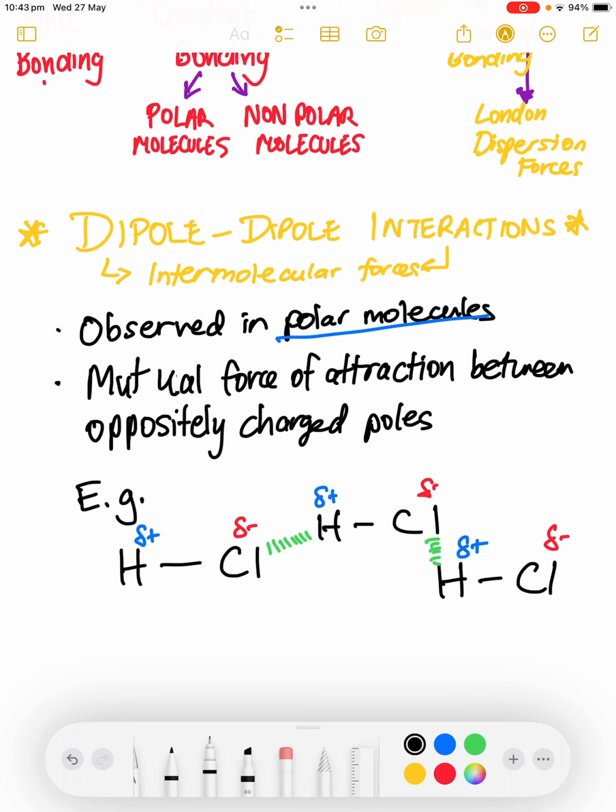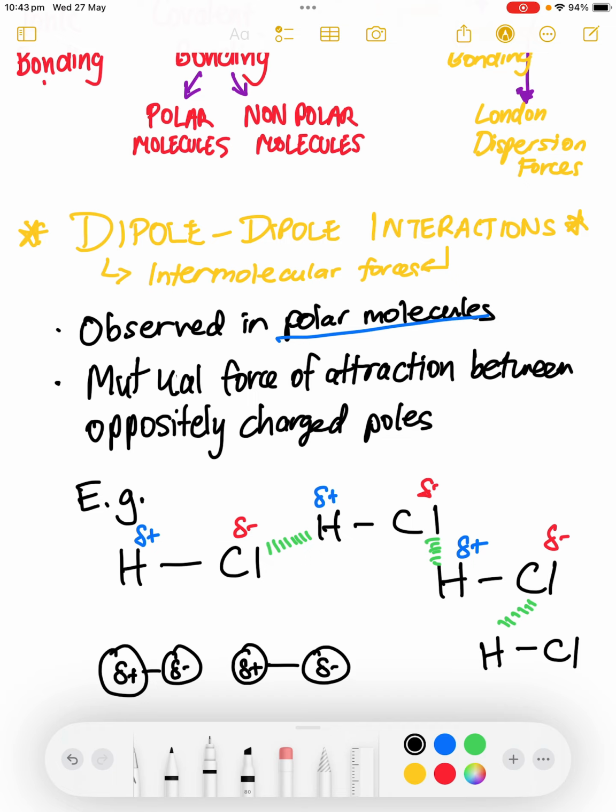Okay, and if I draw another one down here, HCl, we can see that there would be an interaction there as well. Okay, so if I draw just two randomly shown dipoles here you got delta positive bound to delta negative. And again, you got delta positive bound to a delta negative.